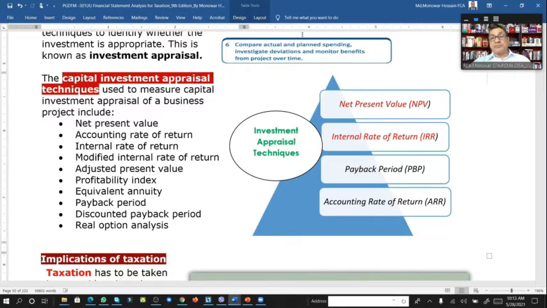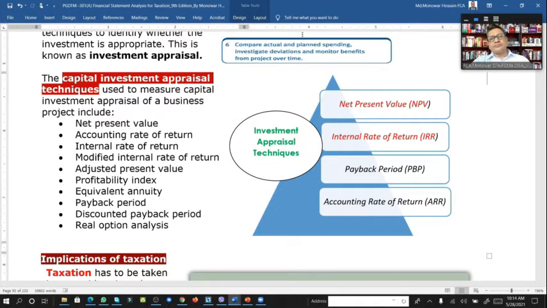Sometimes we use payback period and also accounting rate of return. There are different techniques we use: basically NPV, IRR, accounting rate of return, profitability index, equivalent payback period, discounted payback period, etc. But there are some differences between the techniques.